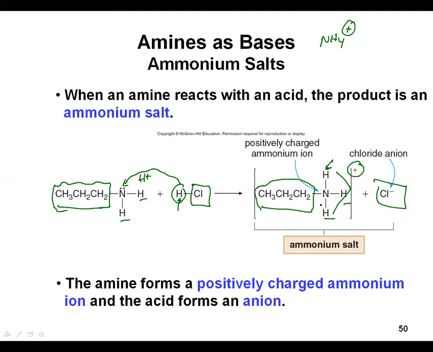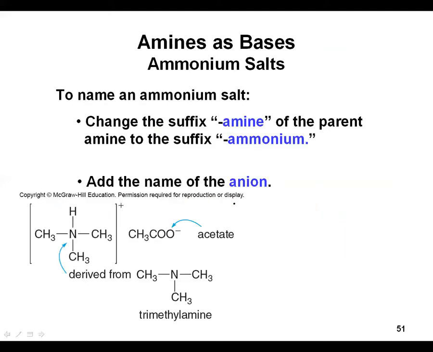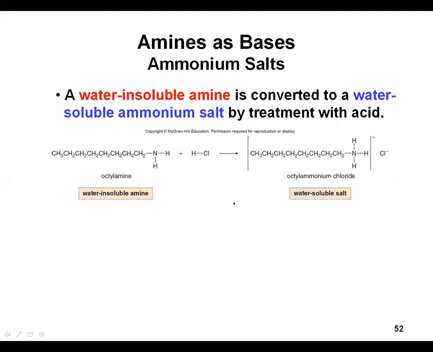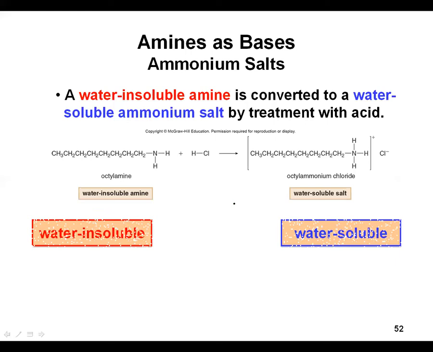We're not going to do anything in terms of naming those things. To name these ammonium salts, who cares? Good idea. All right, so just a little bit about these salts as well. Again, you don't have to name them, so you don't have to worry about coming up with this name here.